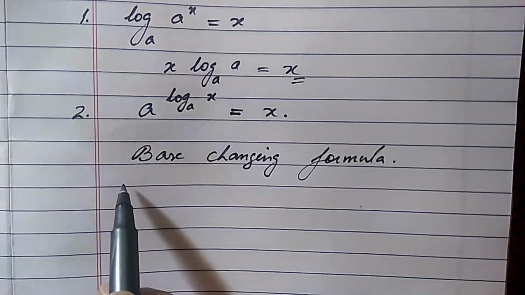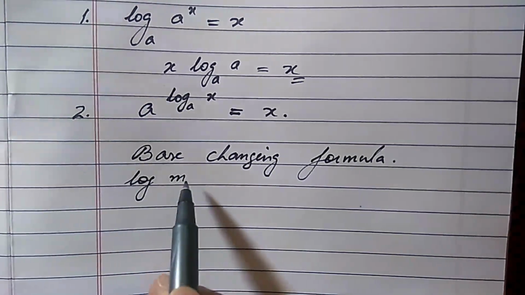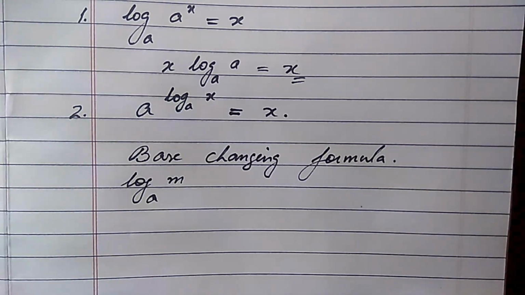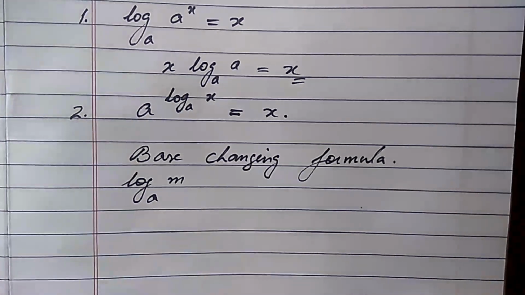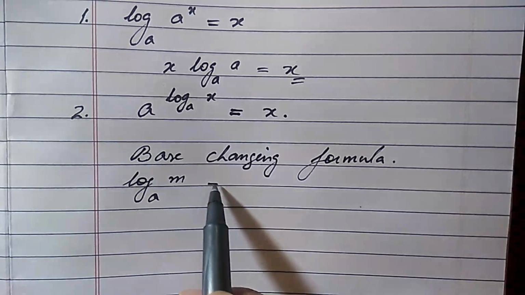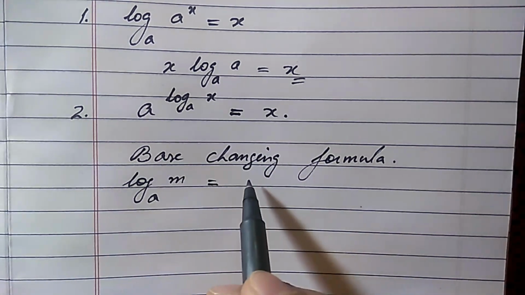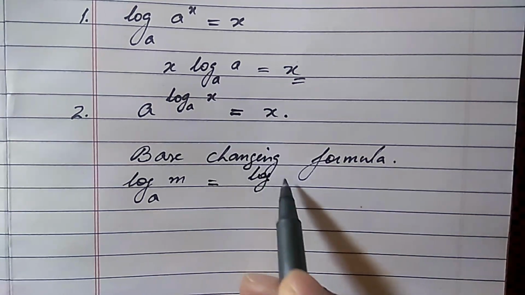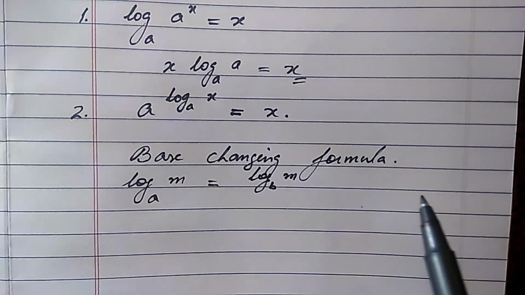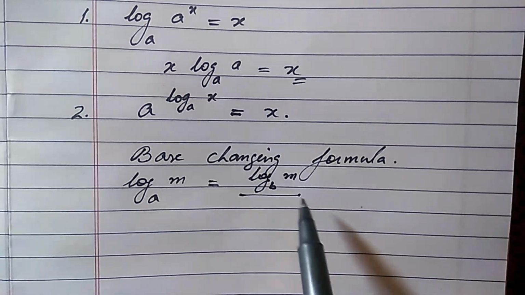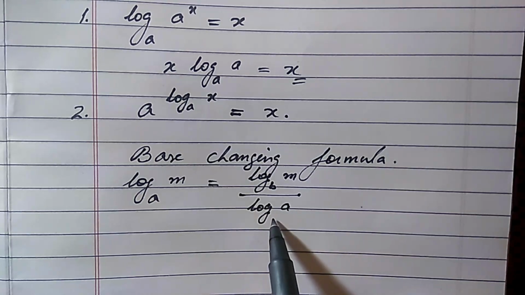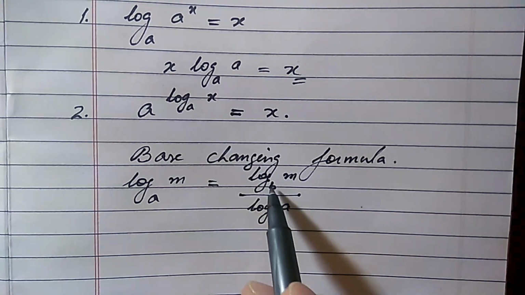Now what is the base changing formula? Suppose you have log of m with base a. Now you want to change the base a to your desired base. Suppose I want to change it to b. Then I can write log of m with base b, divided by log of a with the same base b.